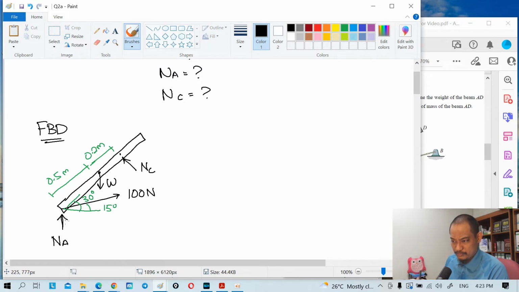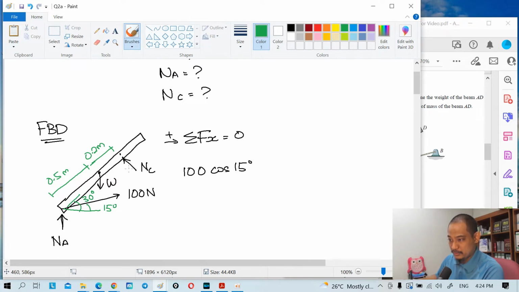If you do summation of force X, then you have this 100 only and NC, right? Because the rest is only vertical. So that is where we start. Summation of Fx equal to 0, to the right as positive. So you have 100 cos 15 degrees from the 100 Newton, and then minus, okay, what is the angle there?